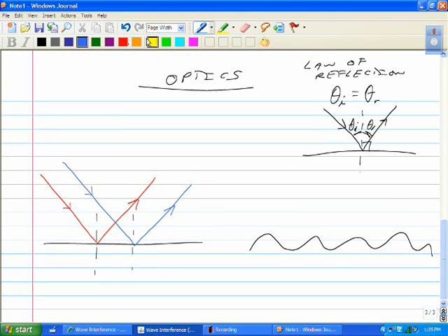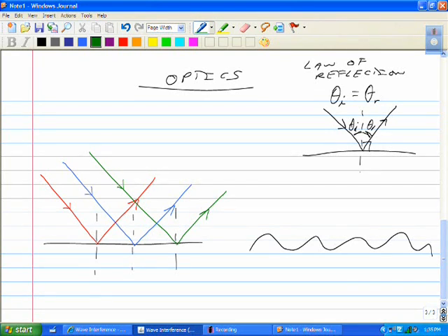And then let's do a green. What do you notice about the rays? They're parallel coming in and parallel going out.